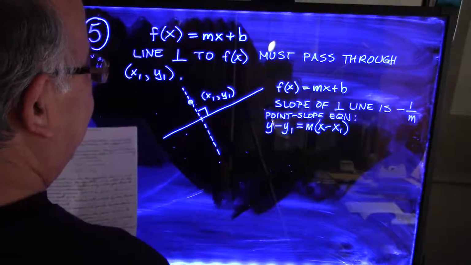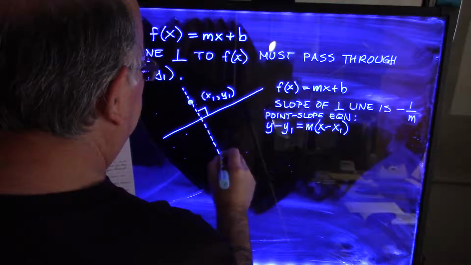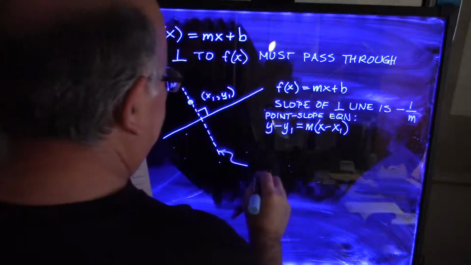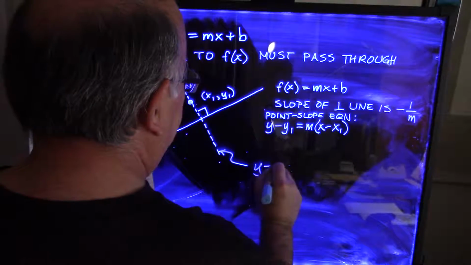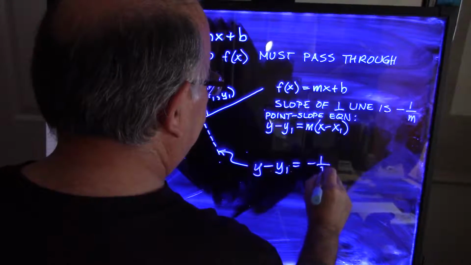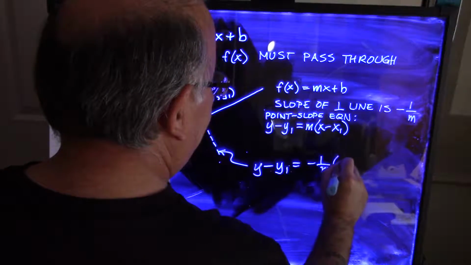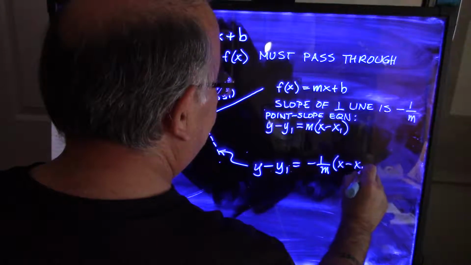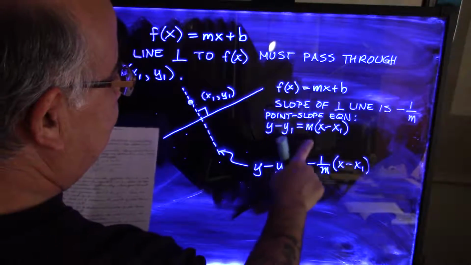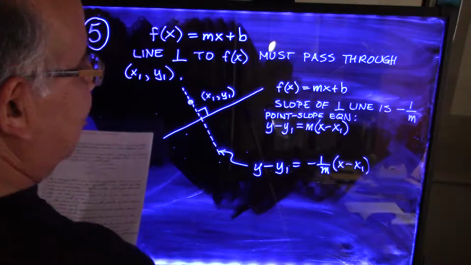So this line has the equation y minus y1 equals negative 1 over m, that's our slope, times the quantity x minus x1. Since I chose the point x1, y1, I don't have to change too much in this point-slope equation.